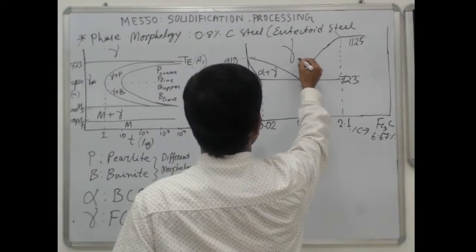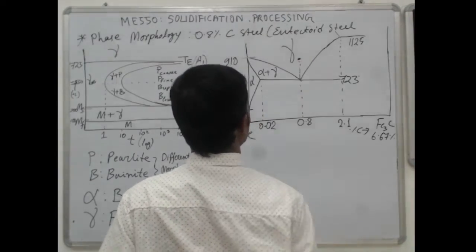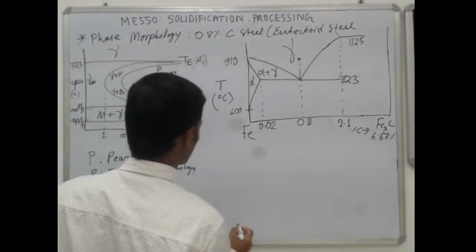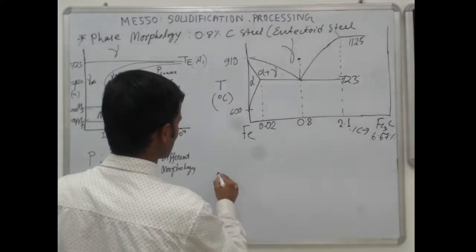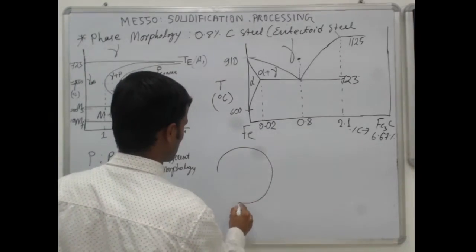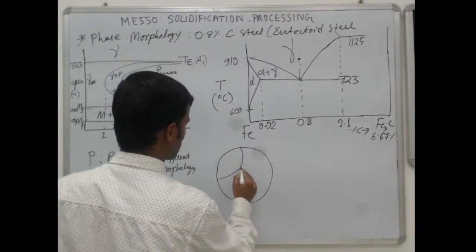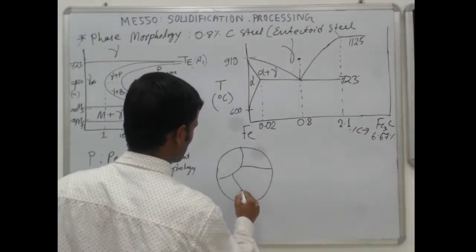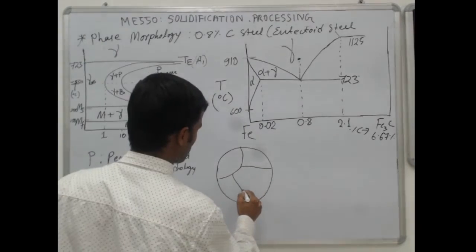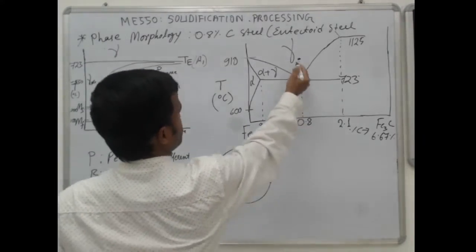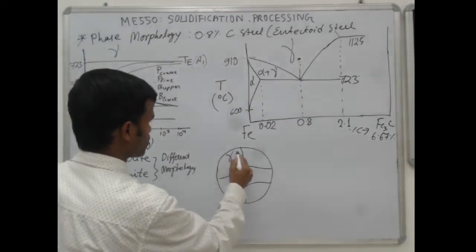Suppose you have the material at this temperature. Now when you cool, what happens? You have everything austenite there, all are gamma.